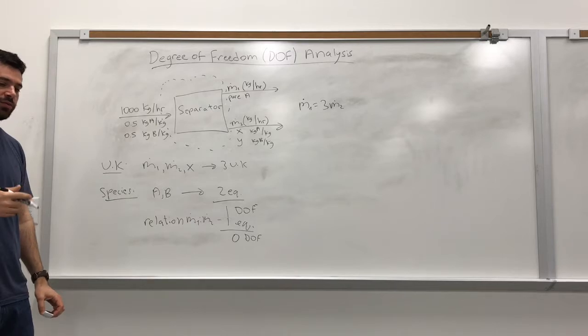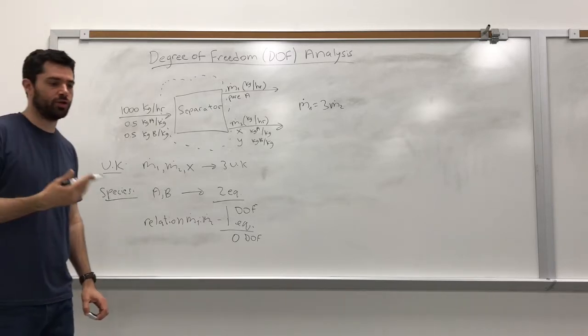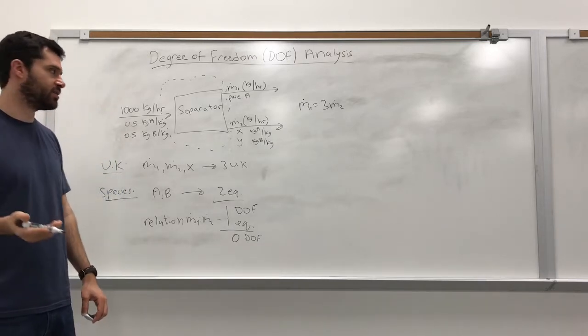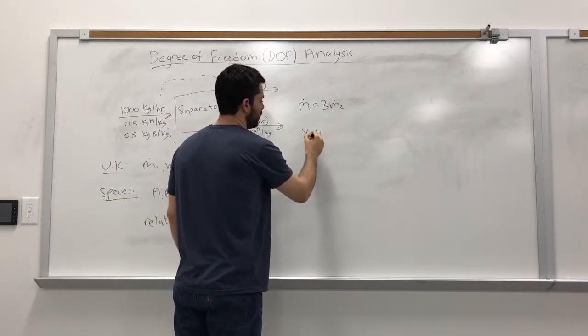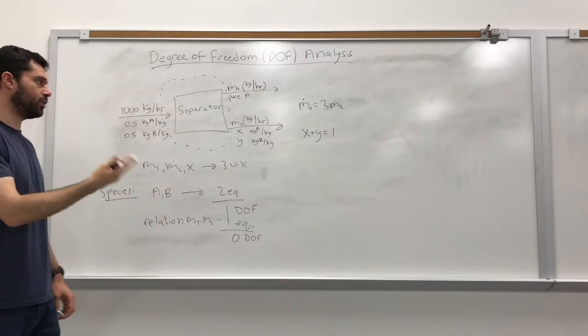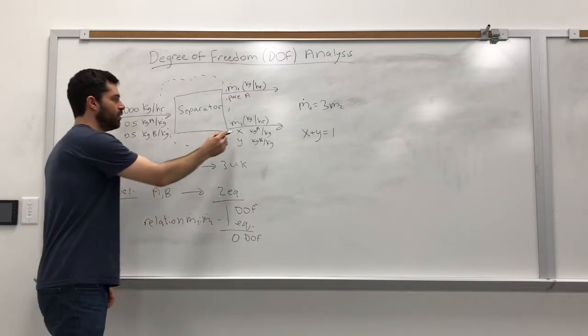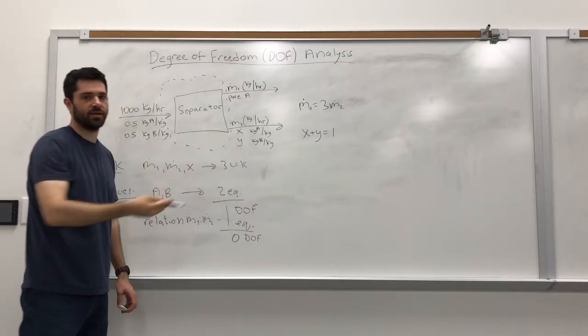But then you have to remember that you have this additional equation which is always there, which is that the sum of all the mass fractions has to equal 1. So another kind of implicit equation here is X plus Y equals 1. That would be an additional equation that would let you solve it, but you can simplify things for yourself, and rather than writing X and Y here, you would write X and 1 minus X.